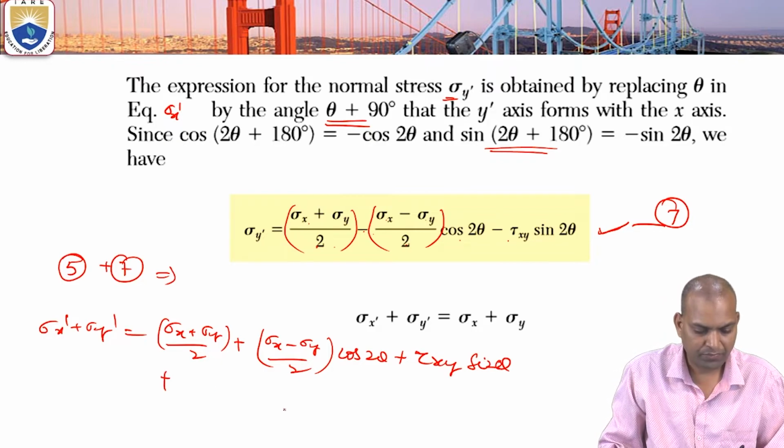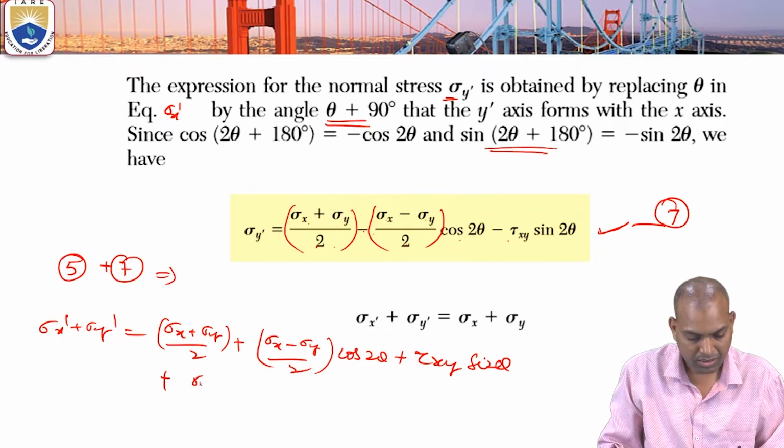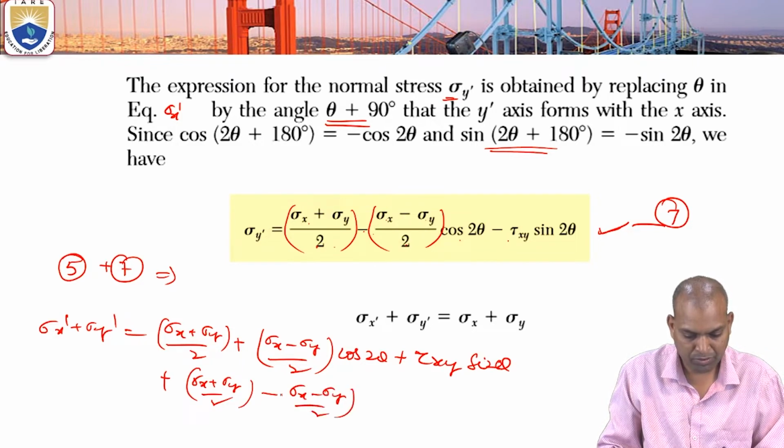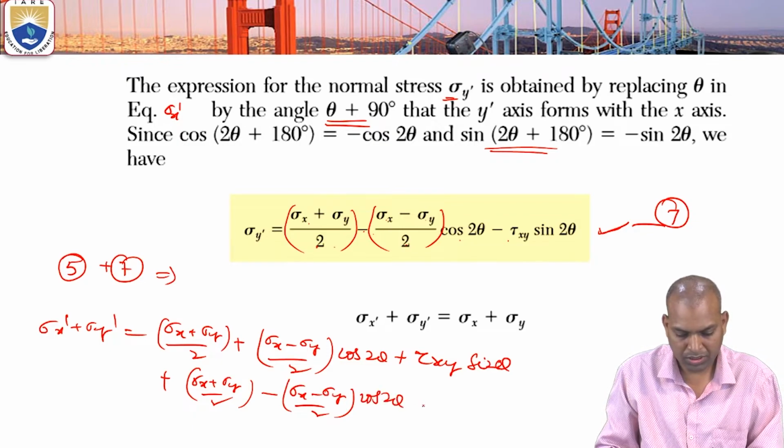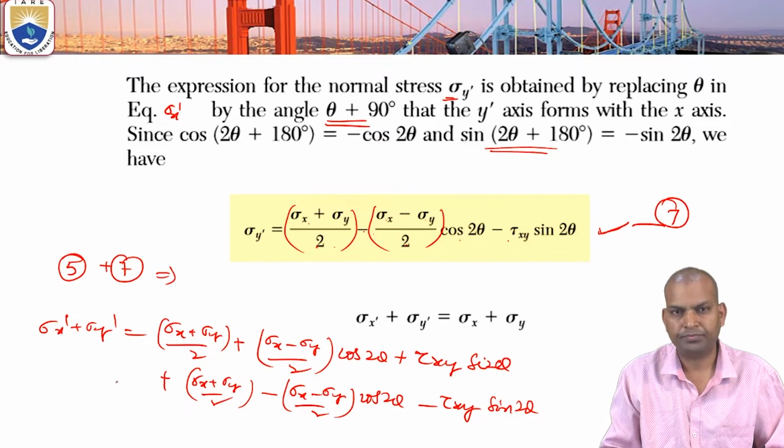That is the sigma x dash term. What is the sigma y dash term? Sigma x plus sigma y by 2 plus minus sigma x minus sigma y by 2 cos 2 theta minus tau xy sin 2 theta.